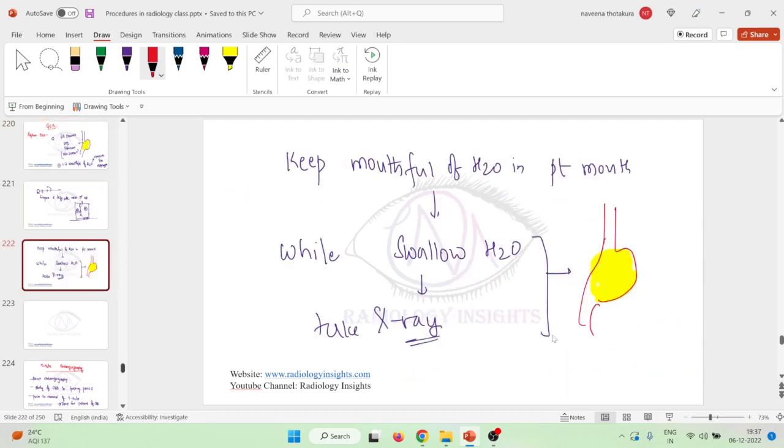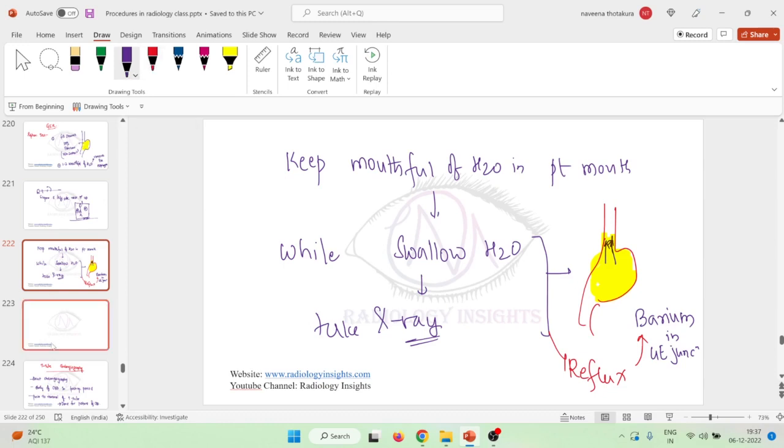So when he takes the X-ray, because the patient has reflux, you will see the barium enter the gastroesophageal junction. So now you will see this reflux of barium into the gastroesophageal junction like this. By this you can diagnose the gastroesophageal reflux.